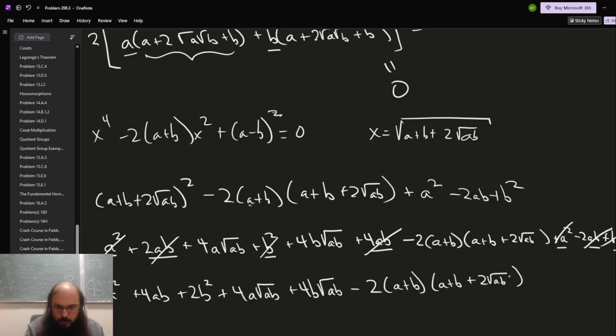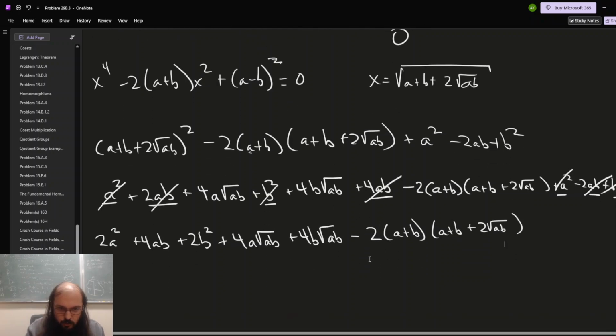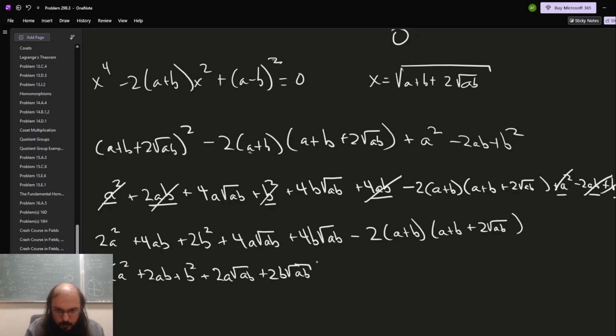try. So I see again, I have a 2 out in front, so let me take care of that. And now let's look for any factoring tricks that might work on this to see that this is the same as this.